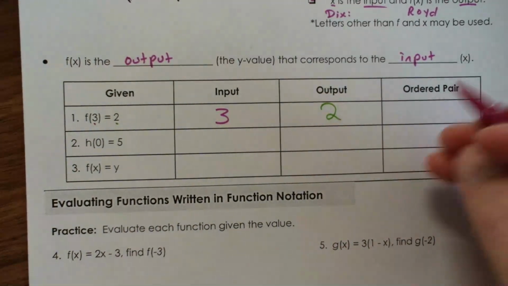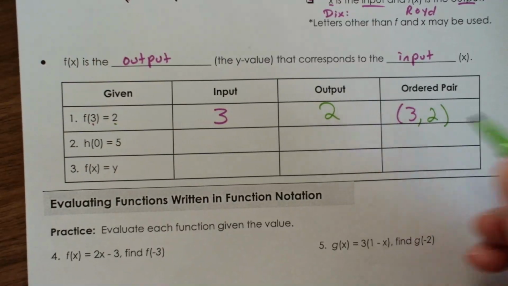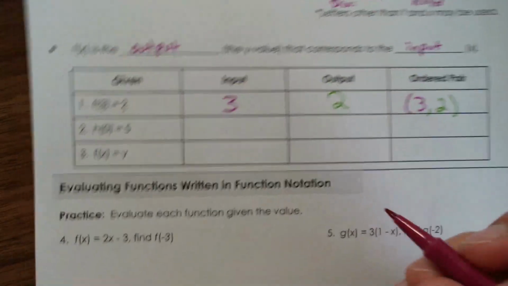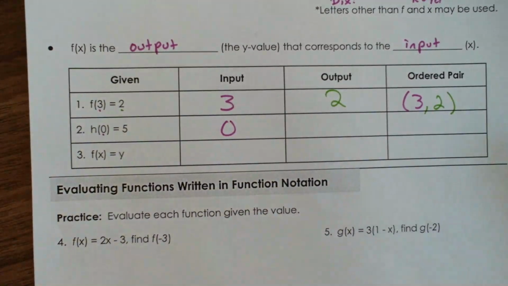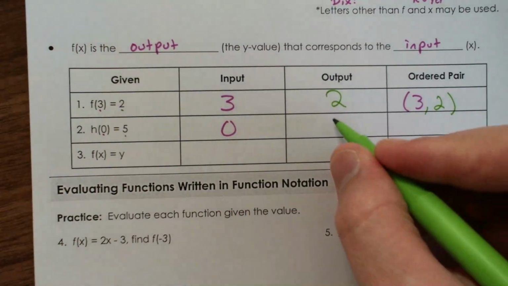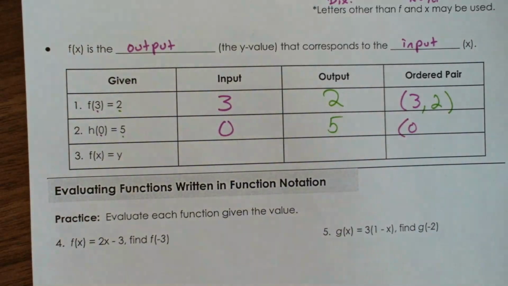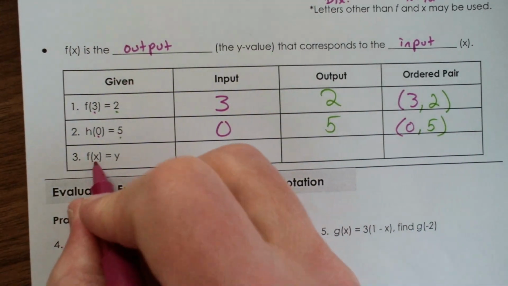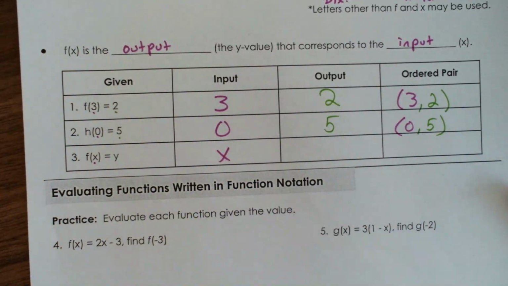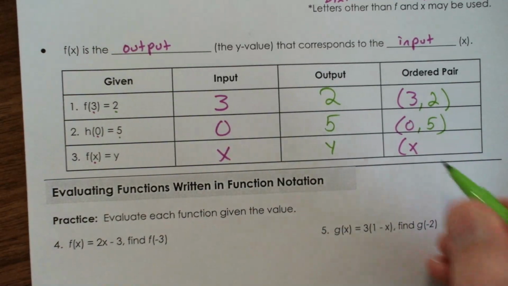So my ordered pair would be 3, comma, 2. For this next one, my input is 0. My output is 5. So 0, comma 5. My input is x, my output is y, my ordered pair is x, comma y.